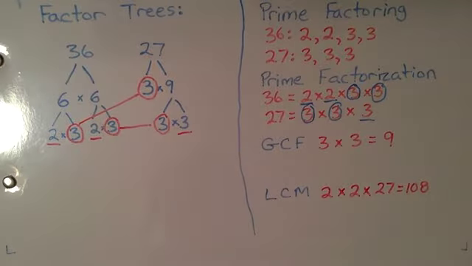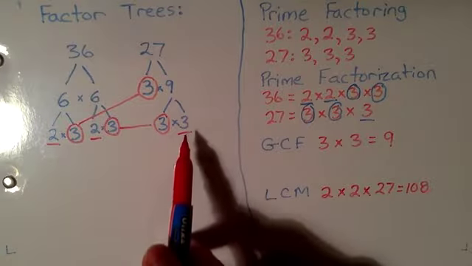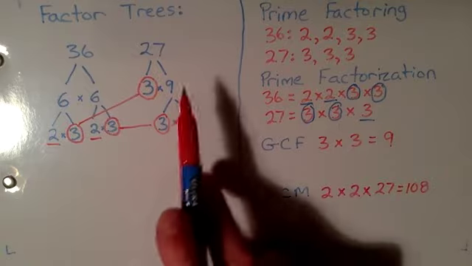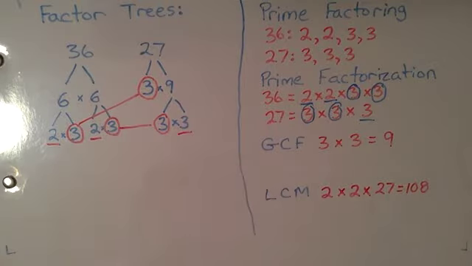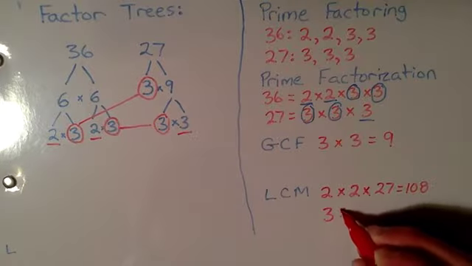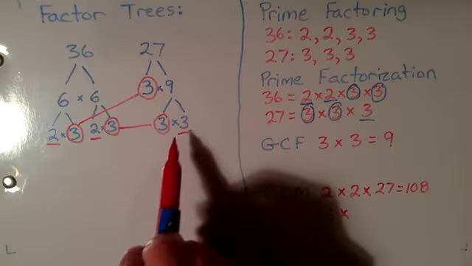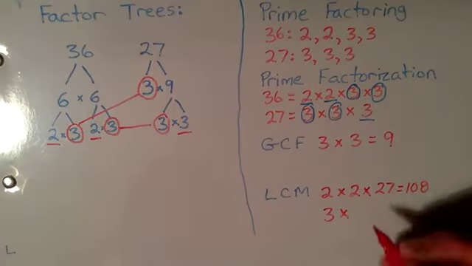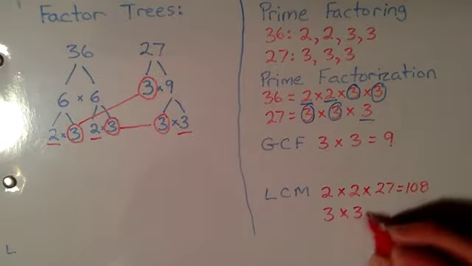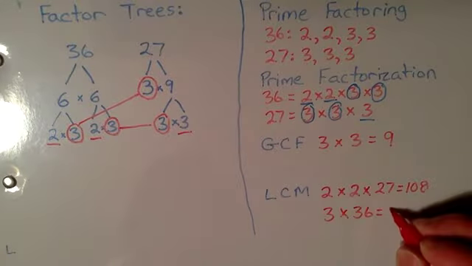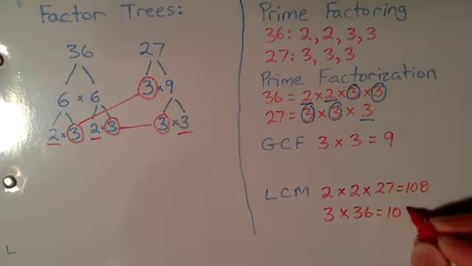Now, if you want to, you can actually double check that this is correct, because it should work the other way as well. So if I use the underlined numbers on the factor tree of 27, all I'm going to have is a 3. And then that multiplies by the head of the other factor tree, which is 36. So 3 times 36, and if you do the multiplication for that, you'll find that that leads to 108.